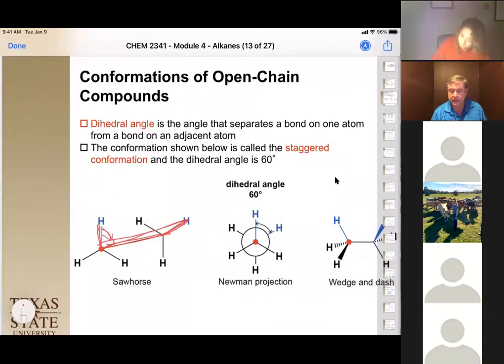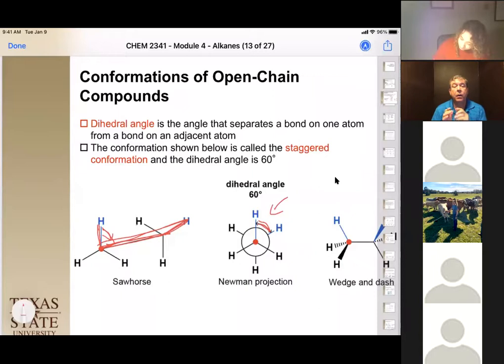This is the dihedral angle of those two hydrogens, and notice in this case it's 60 degrees. If you can imagine it, looking down, the two carbons disappear and we can only see the two hydrogens, and that angle is 60 degrees.